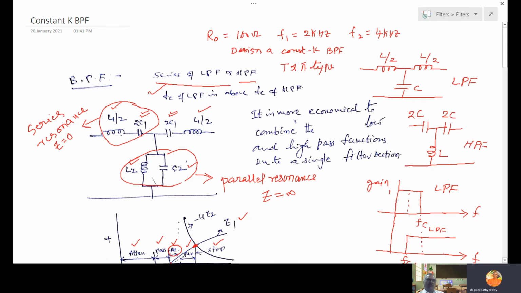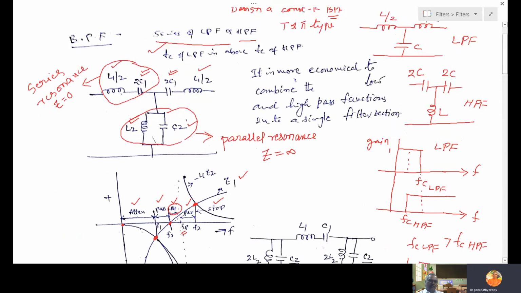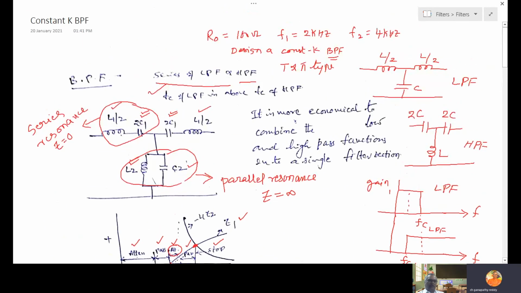Sometimes they don't mention it, and according to your choice you can go for it. So straight away, recollect these four formulas, solve those equations, and find L1, C1, L2, C2.